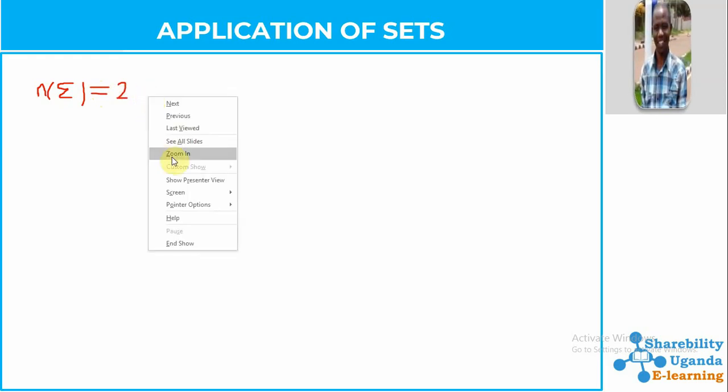We have the n of the intersection, and the total number of pupils in the whole class, which is not given. We have to look for those members.